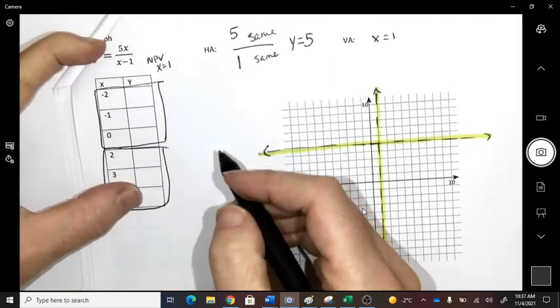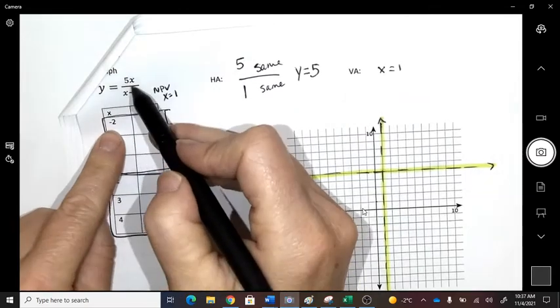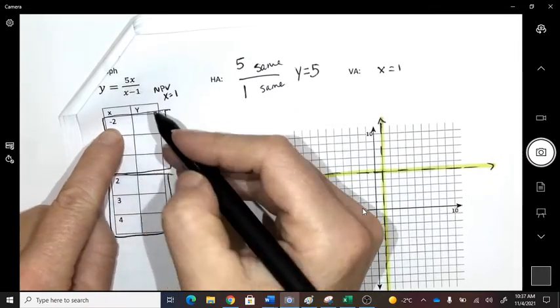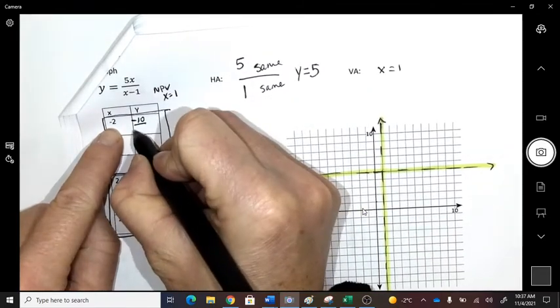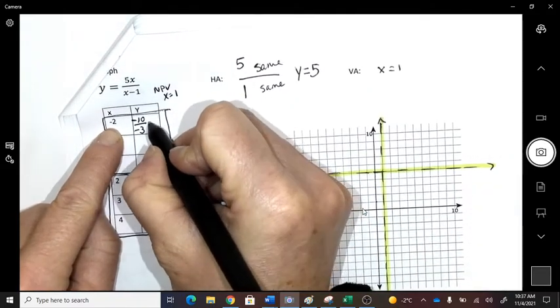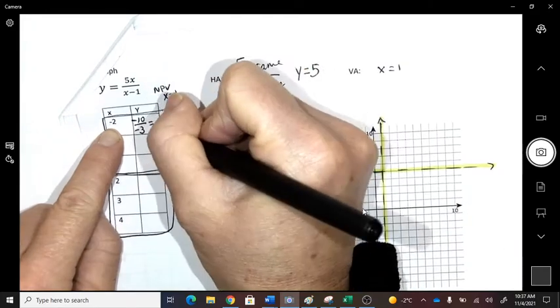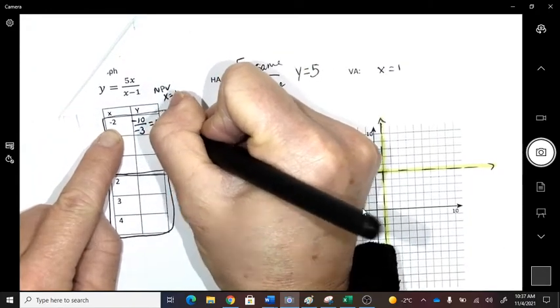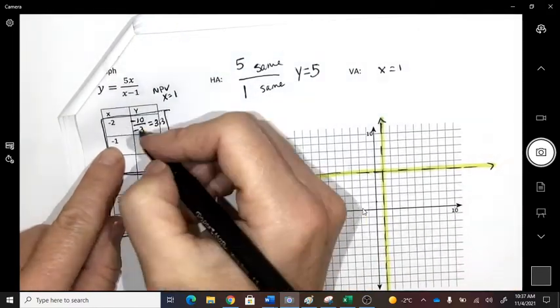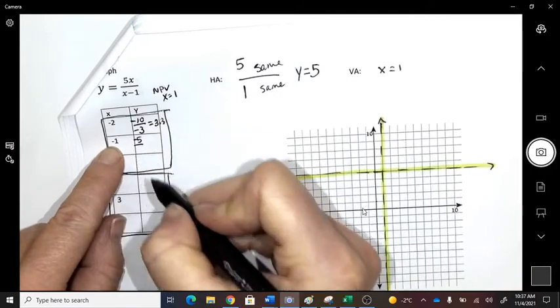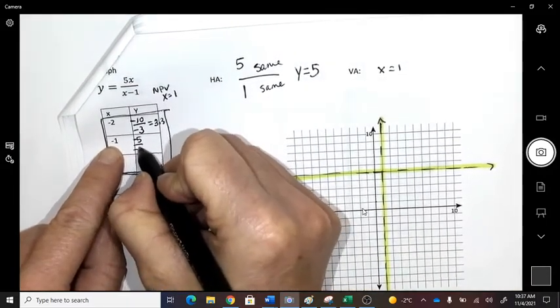Okay. You ready? Plugging in a -2 makes -10 over -3, which on a graph would be like 3.3. -1 makes a -5 over -2.